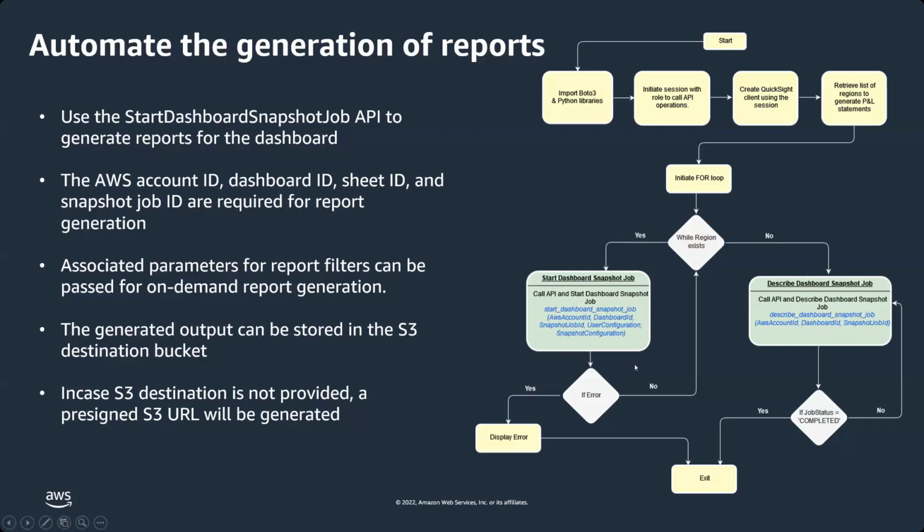If not, it will continue through the process. And when the report outcome is generated, it can be stored in the S3 destination path, or it can also provide you a pre-signed S3 URL, and we'll see how it looks when it gets stored into the S3 destination path.